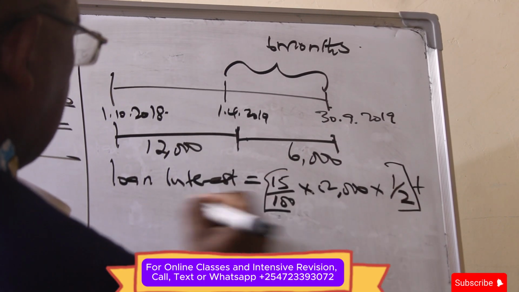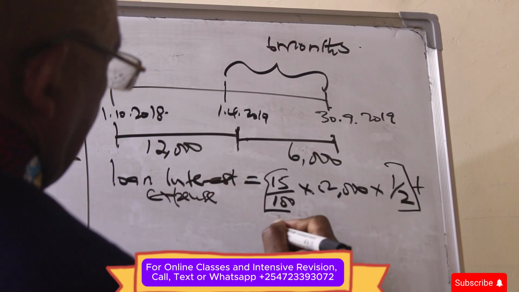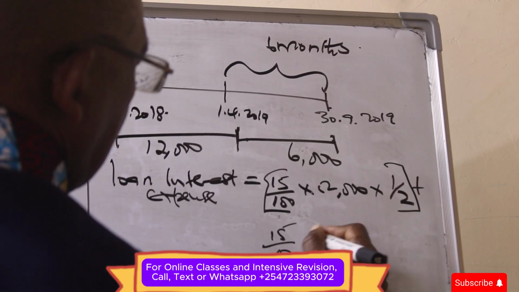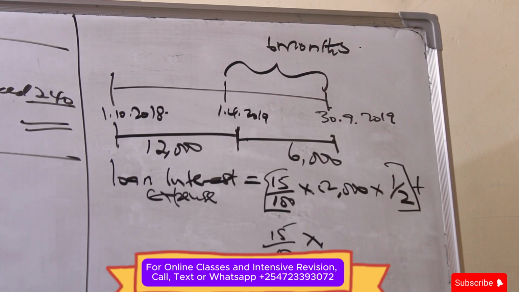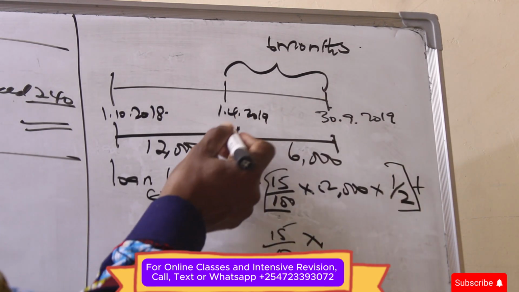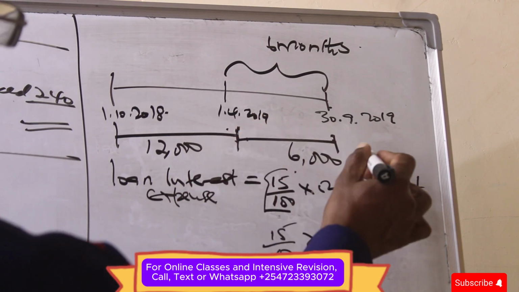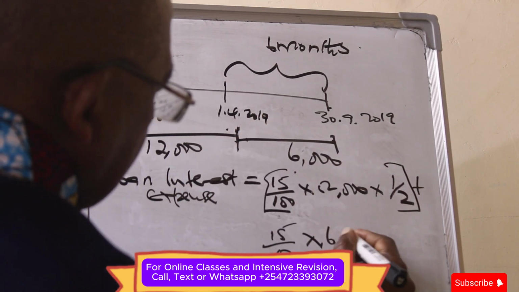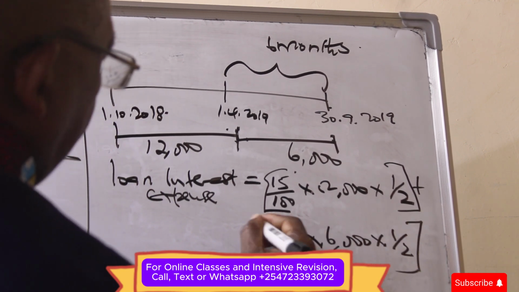this is loan interest expense, plus 15% of this other section, we are only having the loan for 6 months. But we only have 6,000 loan. Here we paid the first 6,000, so we are left with the 6,000. So the loan for the last half of the year is 6,000, not through the year, half the year.